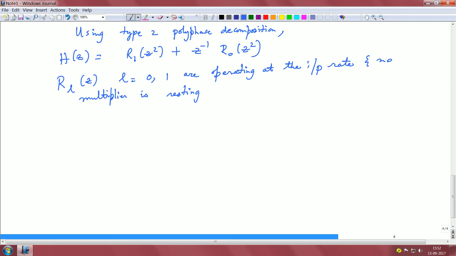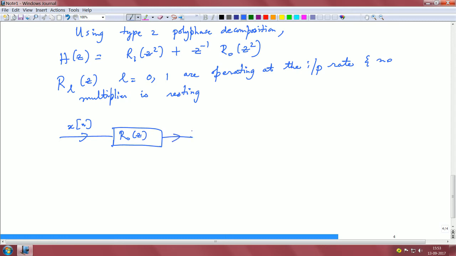I mean, there is no idle multiplier. So what we do is we have x of n, we feed this through this filter R naught of z.